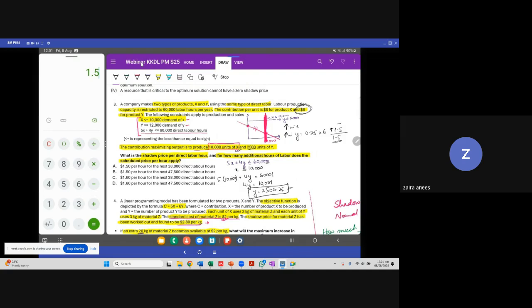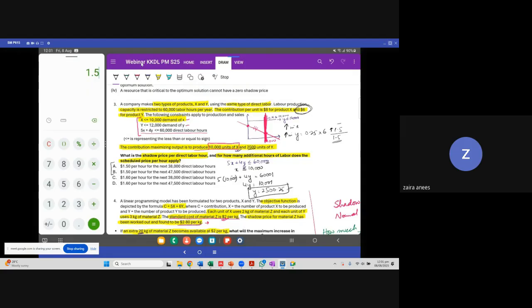And in case there is a change in X, we monitor that as well. So either option A or option B. Now the question has further asked how many extra hours you will need for that. See, we have already manufactured X, right?